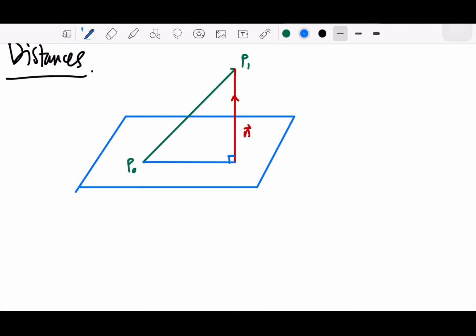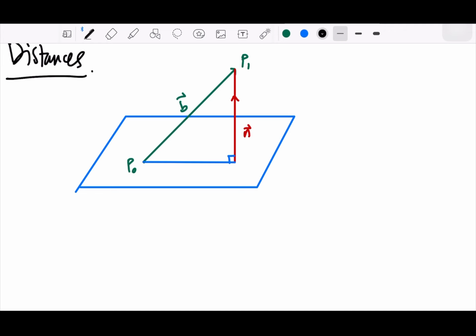And this makes a 90 degree angle. Okay. And let the vector from P0 to P1 be vector b. Now, if we define the distance from the plane to P1, we have some certain distance, right?